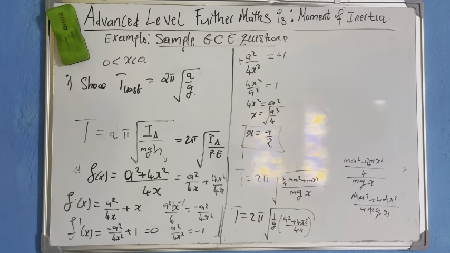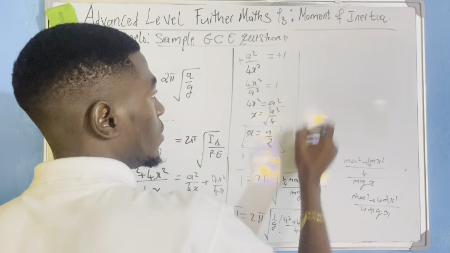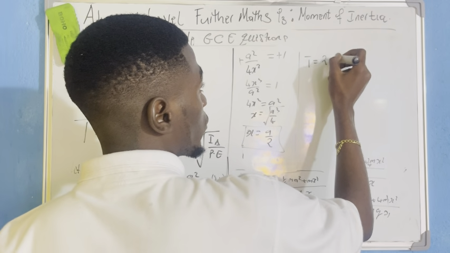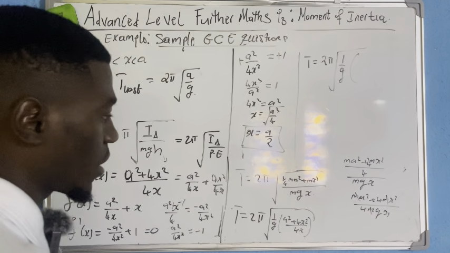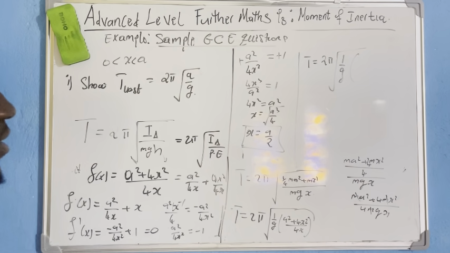Now, when I have x, I come and replace it in T. I'll have 2 pi square root of 1 all over g in bracket. Let us replace x by a all over 2.